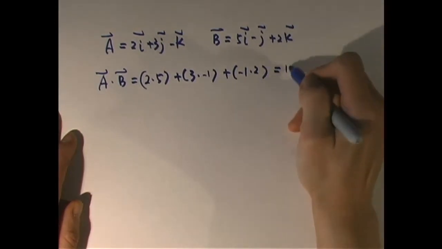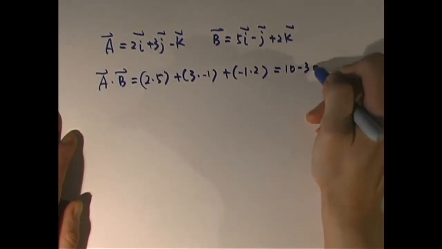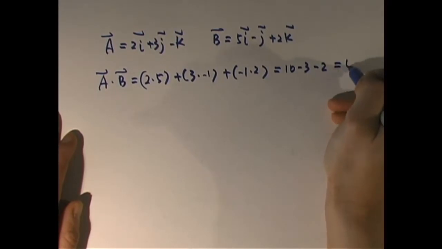So the result is 10, negative 3, negative 2, that is 5.